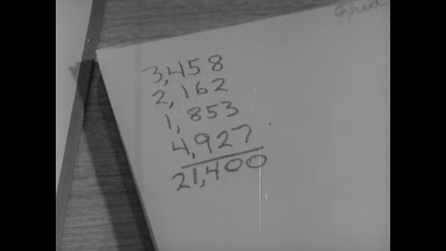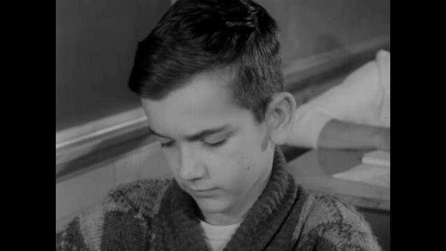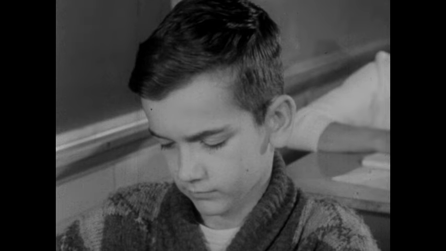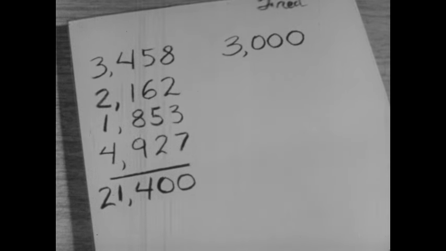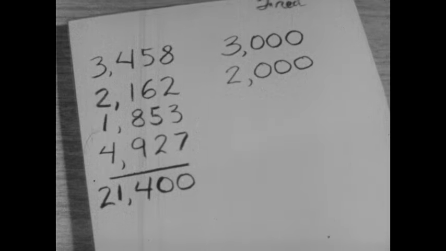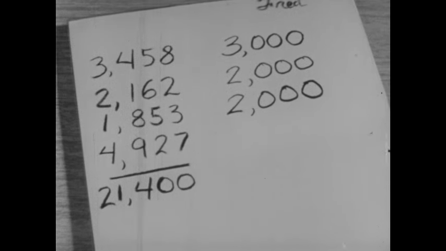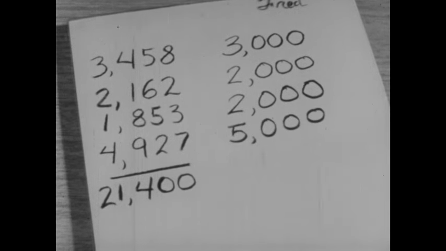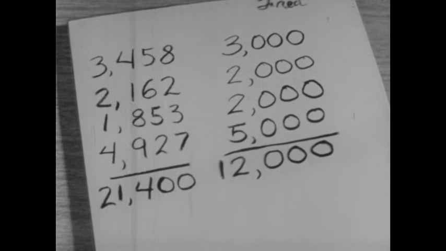Here is Fred's work. His answer is wrong. And Fred is beginning to suspect that he has made a mistake. Let's estimate the answer by rounding off the numbers to the nearest thousand. So we have 3,000, 2,000, 2,000, and 5,000. And the estimated sum is 12,000.